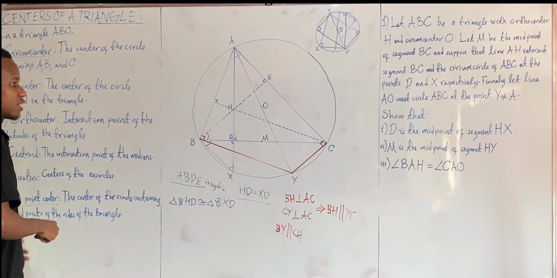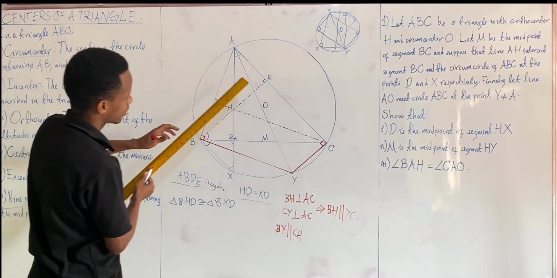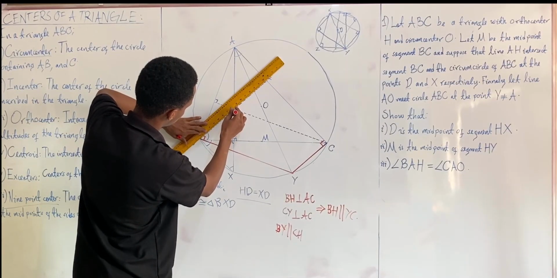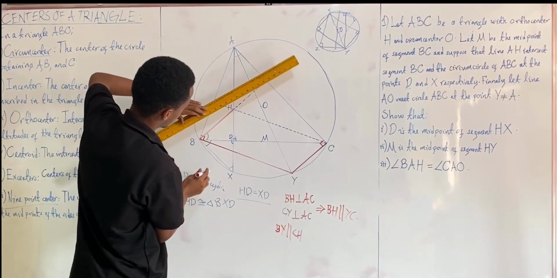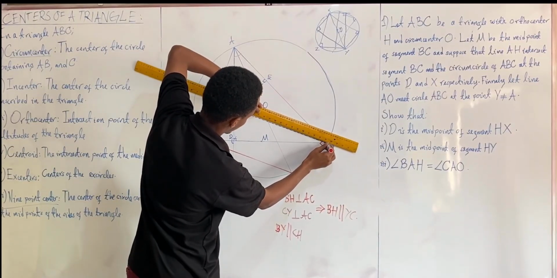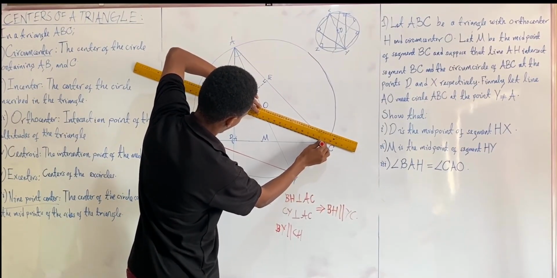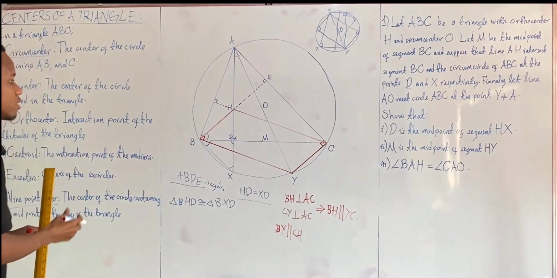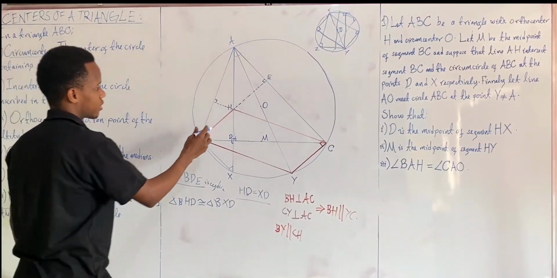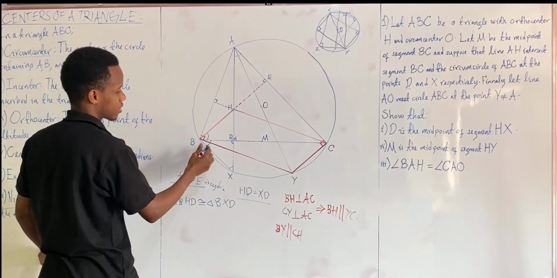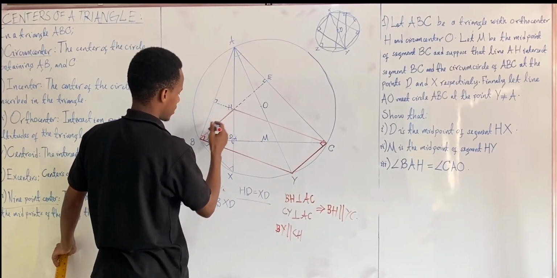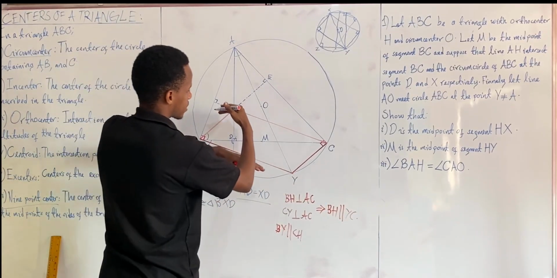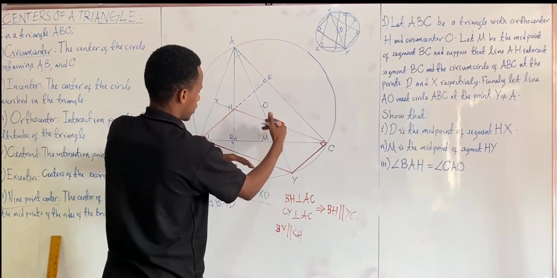And so what we realize is that we have managed to form a pair of parallel lines, and so the conclusion is that this quadrilateral HBYC will be a parallelogram because the opposite sides are parallel to each other.